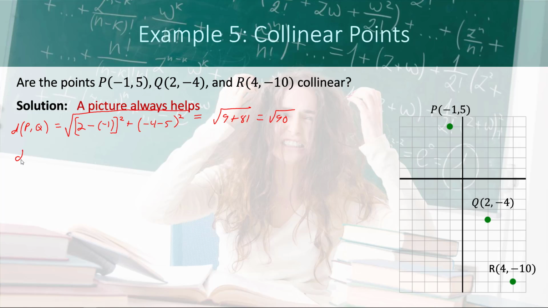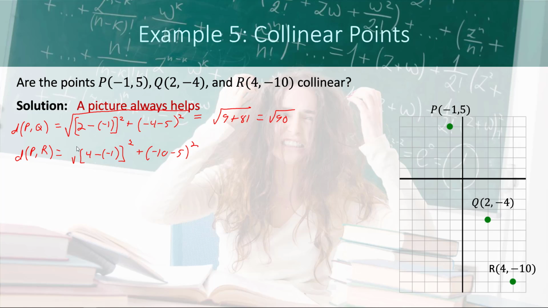Now the distance between P and R, and as you can tell by the picture, this will be the longer distance. That is going to be equal to 4 minus -1, the entire thing squared, plus -10 minus 5, I apologize, -10 minus 5, the entire thing squared.